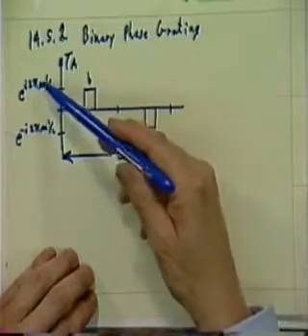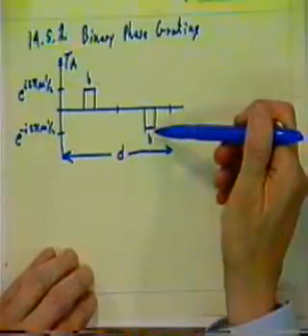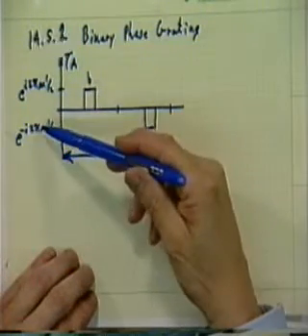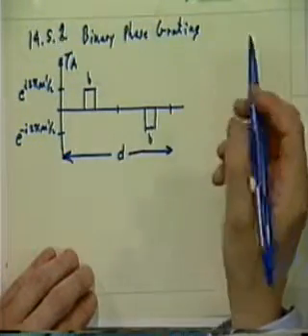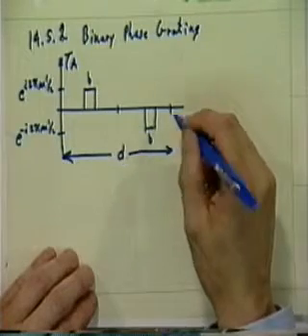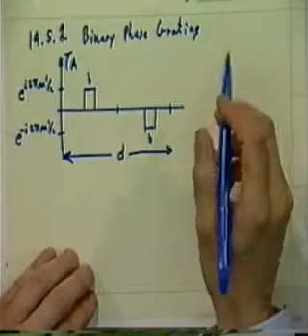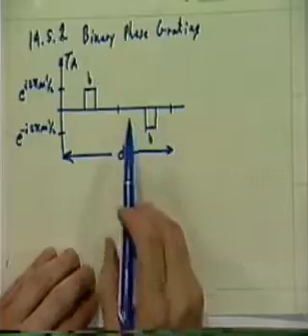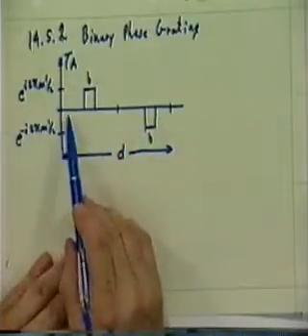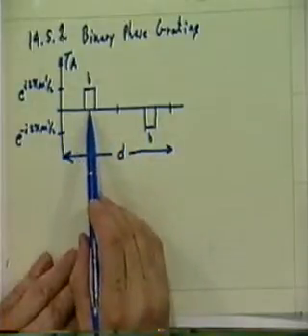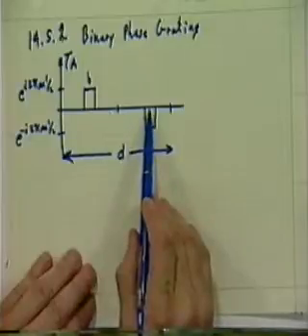So phase here of 2 pi m prime over 2, phase introduced here of minus 2 pi m prime over 2, and grating spacing of D. And maybe my drawing's not so good, but I'll make this over a quarter of a period here, and this is 3/4 of a period there.